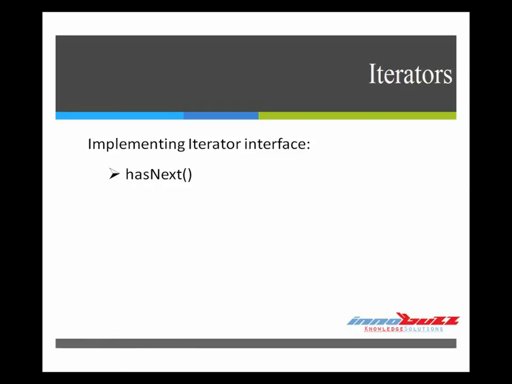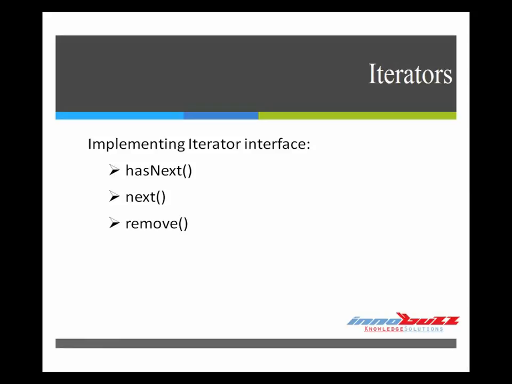The hasNext returns true if the iterator contains more items. The next returns the next element in the iteration. It can throw a NoSuchElementException. The remove removes the collection's last element returned by the iterator.